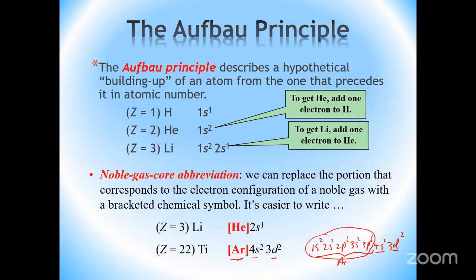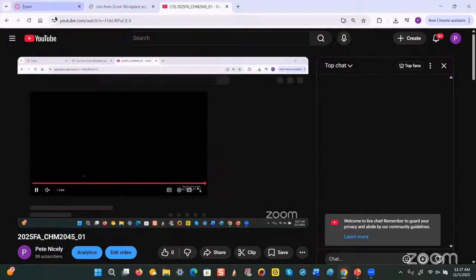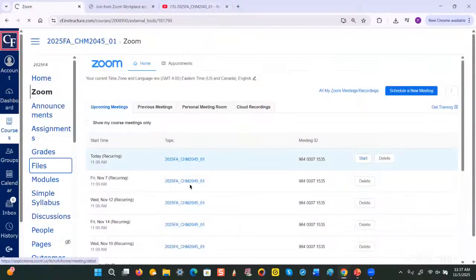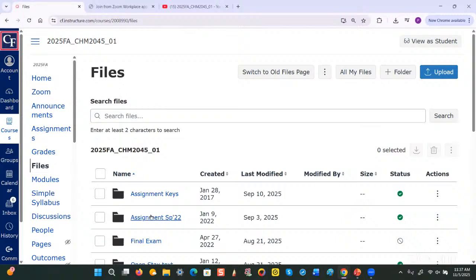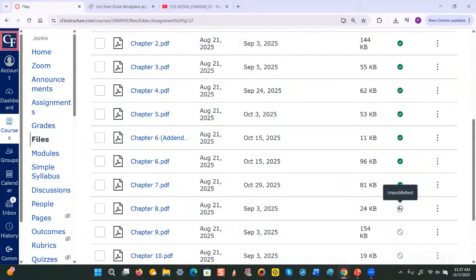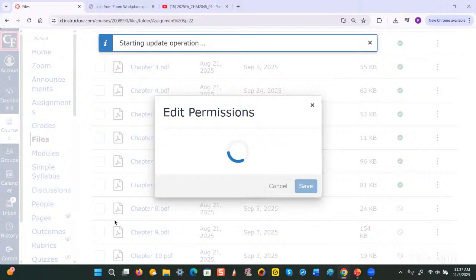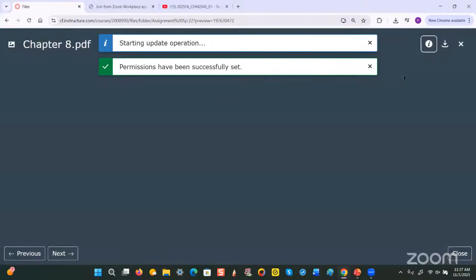And for you guys out there on Zoom, I'm going to publish assignment 8 right now. So let me go here and publish chapter 8. Okay, so you guys out there on Zoom should now be able to access assignment number 8. I'm going to put it up now.